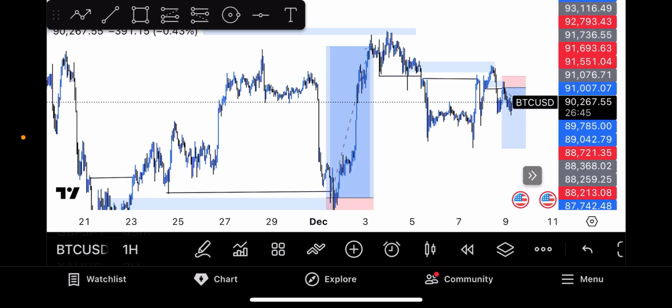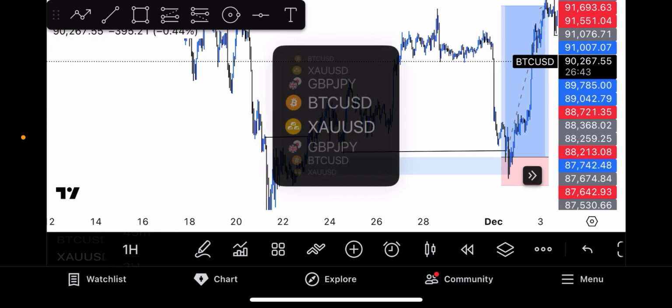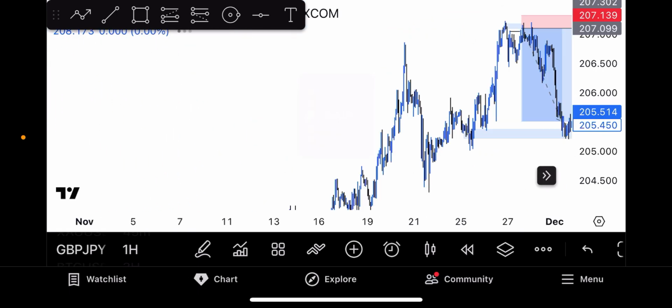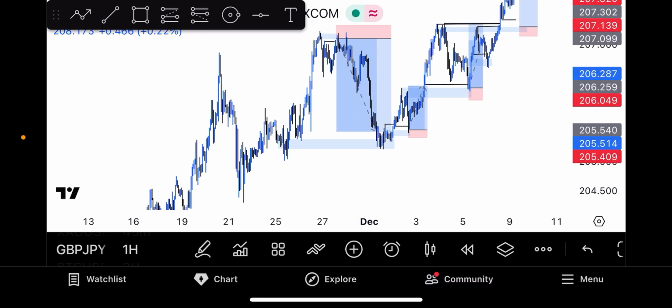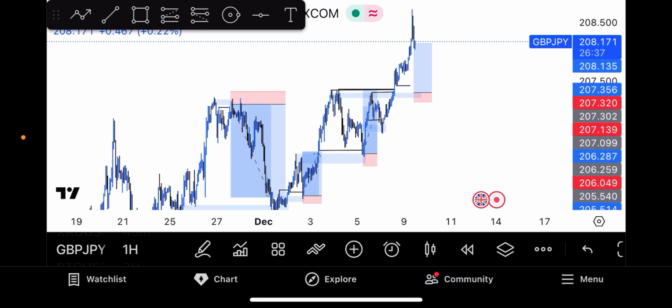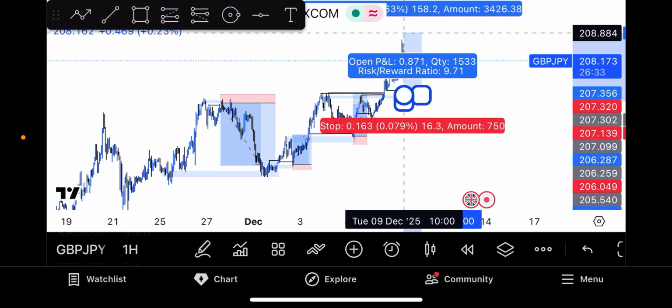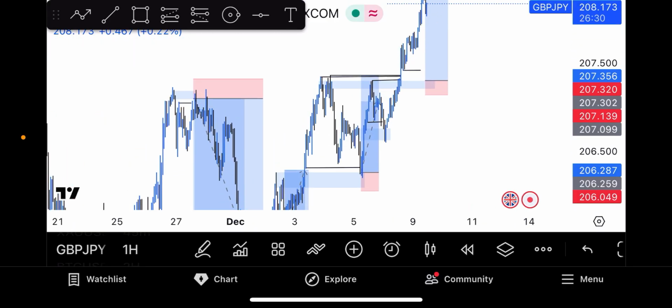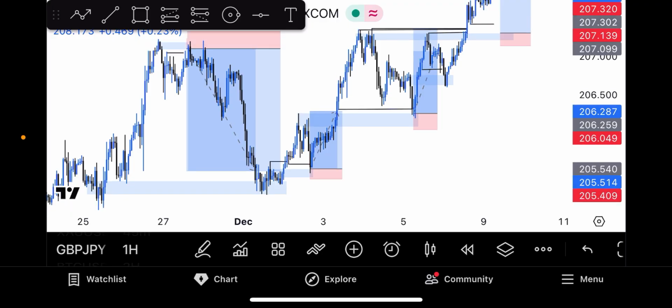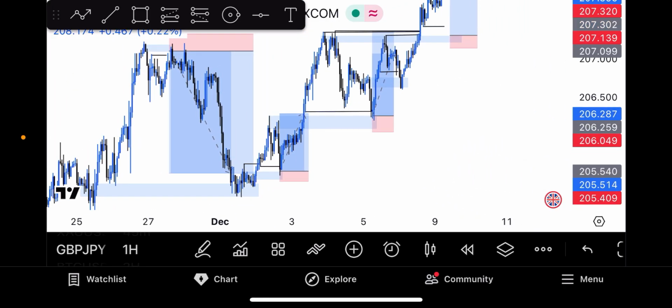Let me see if I can spot any break of structure. Okay, break of structure.